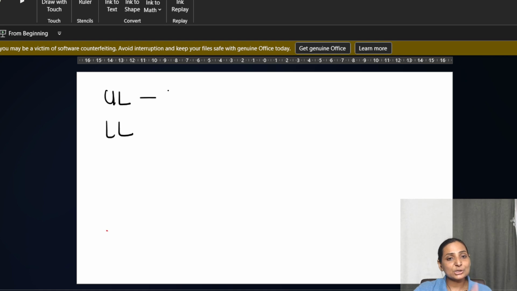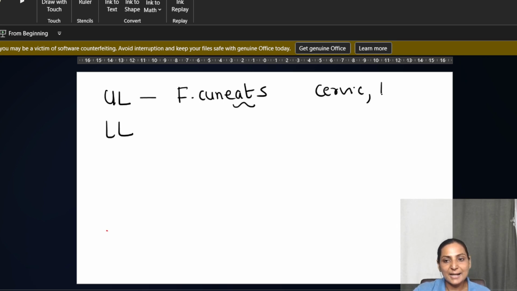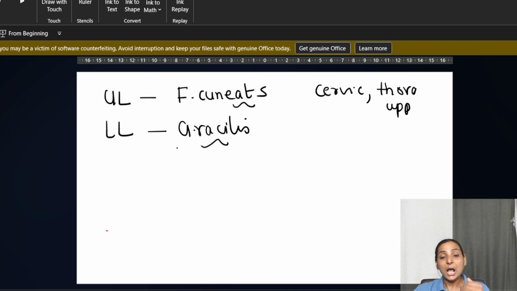The sensations from the upper limb are carried by fasciculus cuneatus. Remember, eat. How do we eat? From the mouth. It is up. So remember, upper limb sensations, that is basically your cervical and your upper thoracic, will be by cuneatus. Lower limb is fasciculus gracilis. How do we walk?